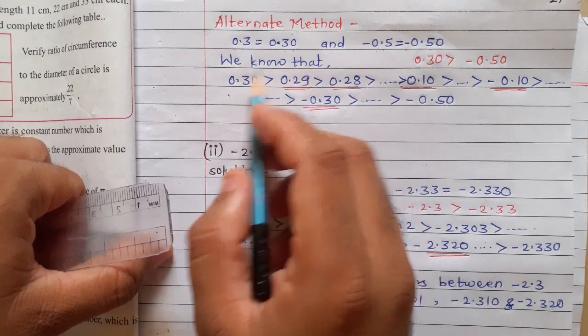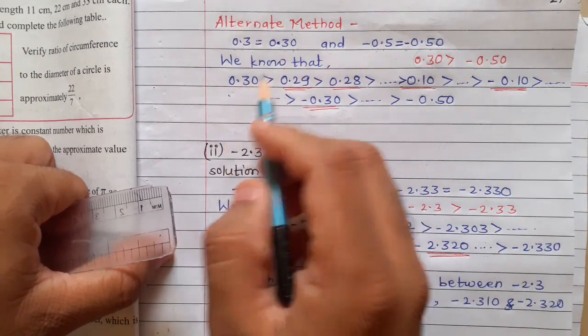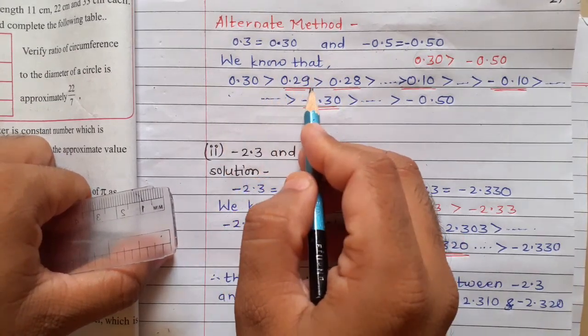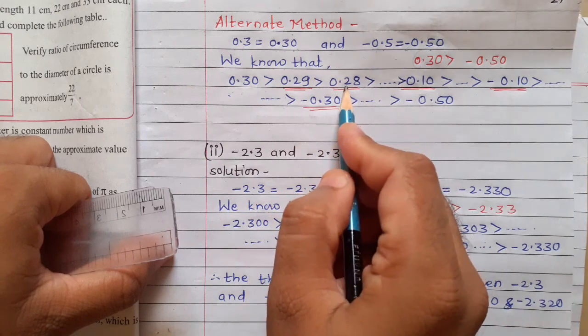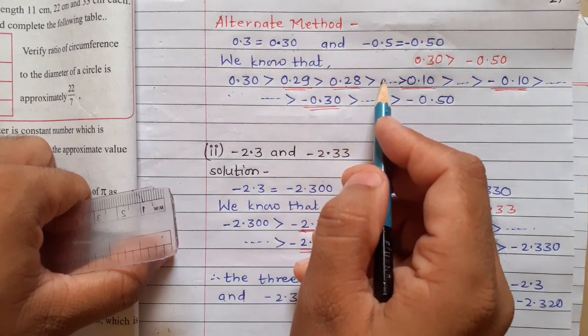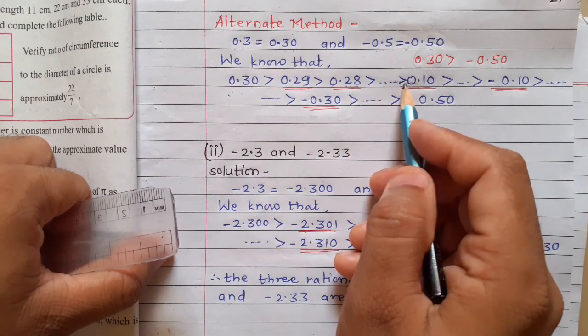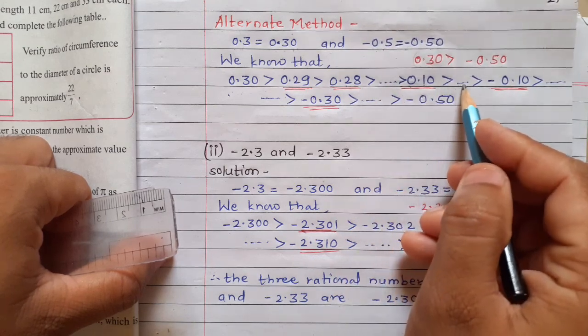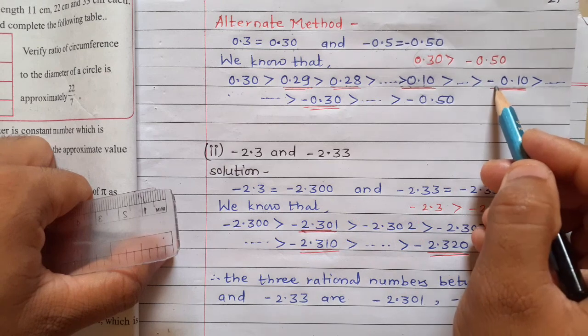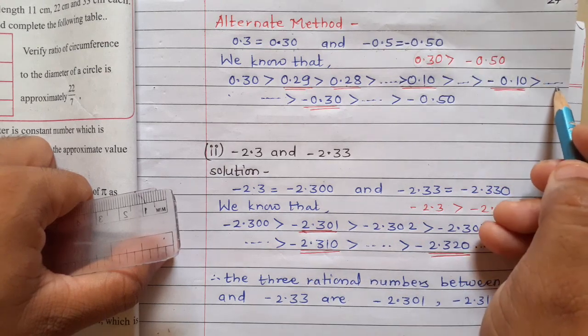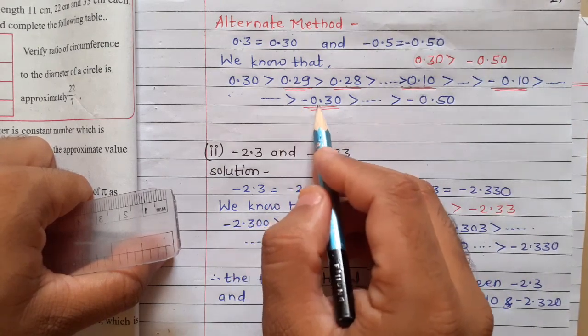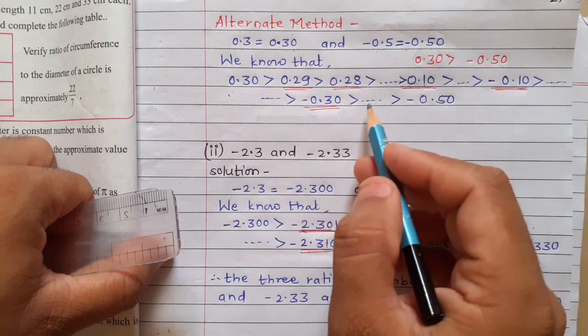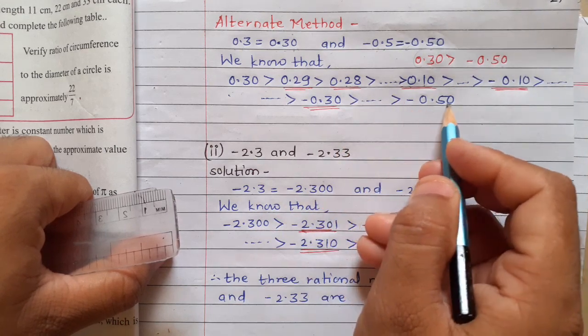Then we know that 0.30 is greater than 0.29, is greater than 0.28, is greater than 0.27, and so on, is greater than 0.10, is greater than and so on, greater than minus 0.10, it is greater than minus 0.30, and it is greater than and so on, greater than minus 0.50.